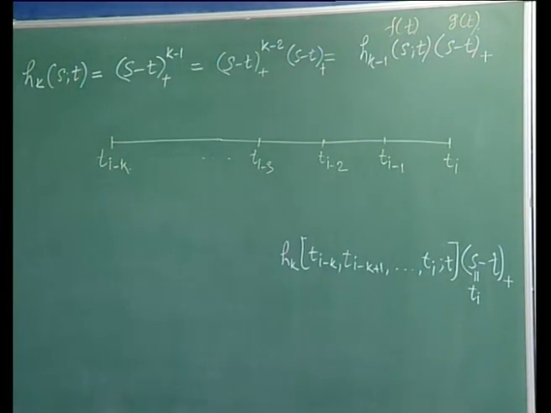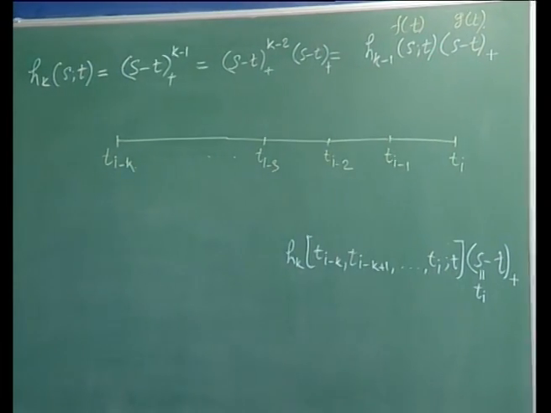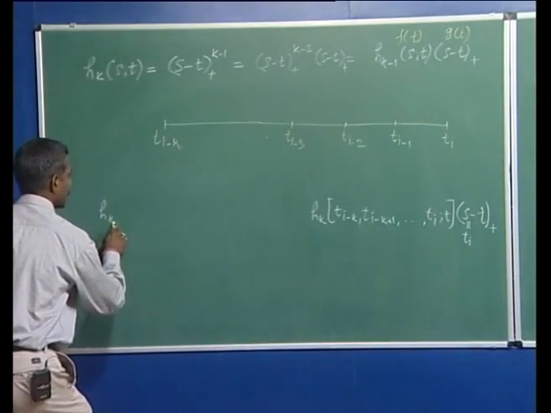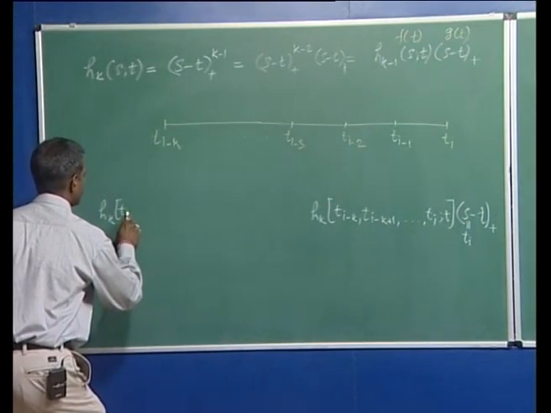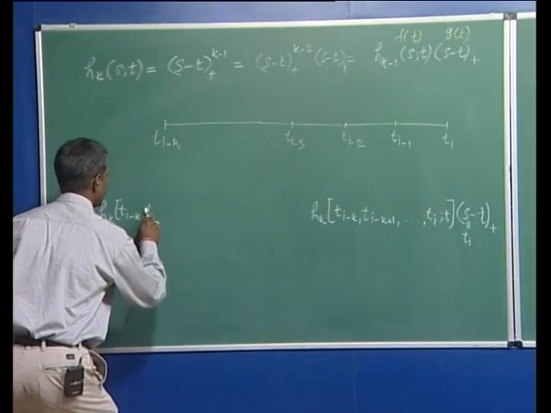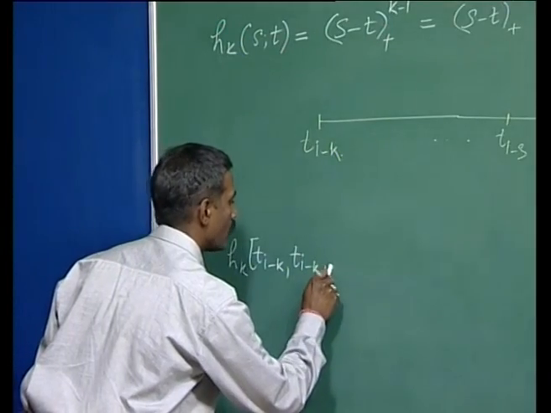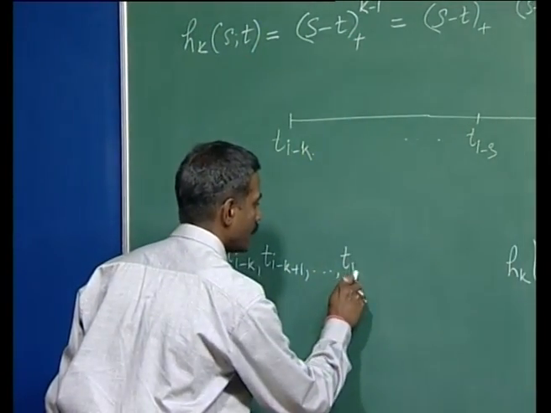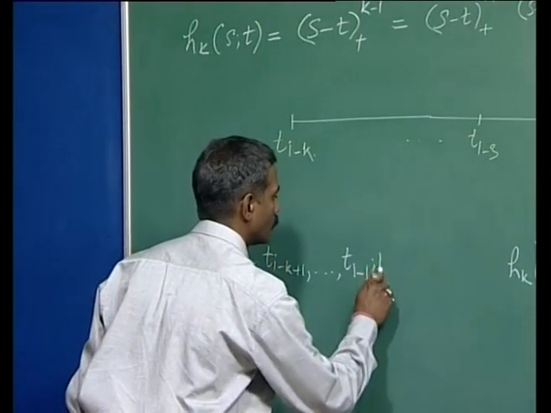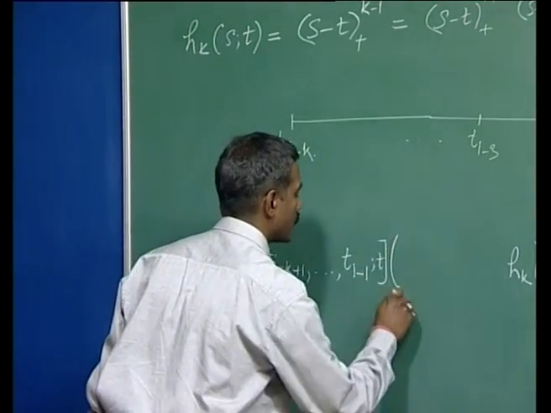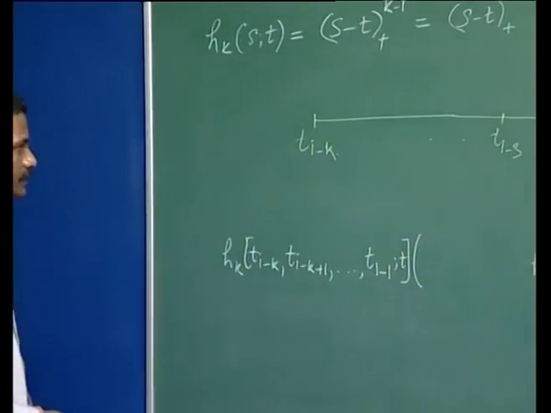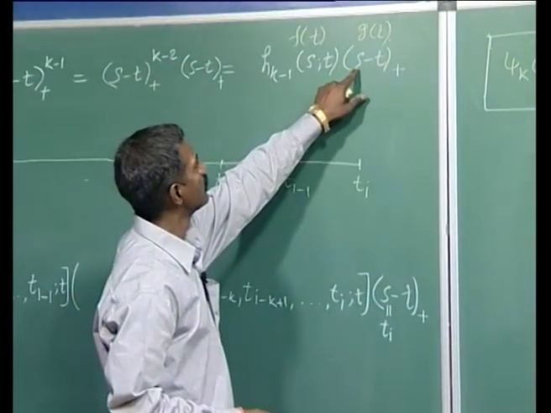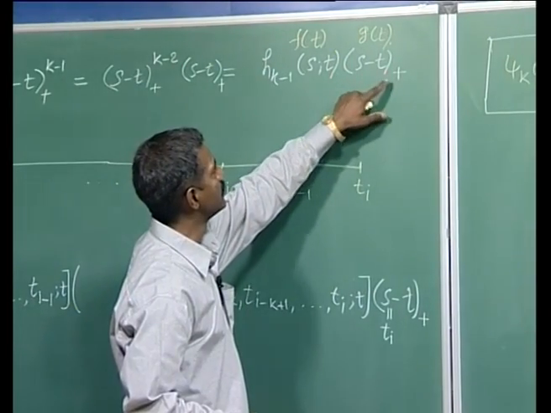The last but one term will be h_k(t_i-k, t_i-k+1, up till t_i-1; t) times the first divided difference of (s minus t) truncated.